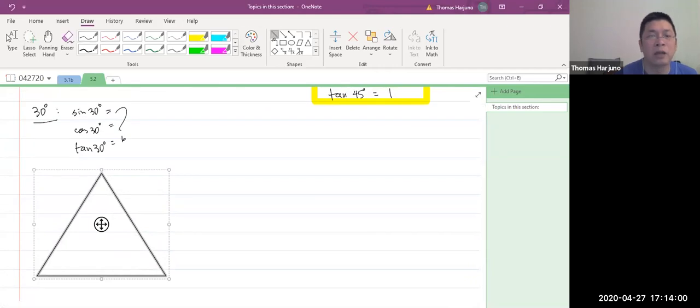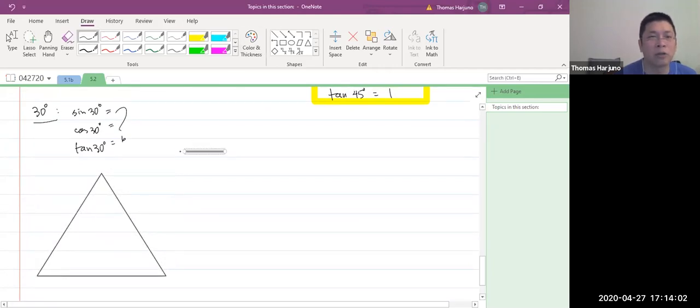Now, the idea is once I have an equilateral triangle, I will do angle bisection.